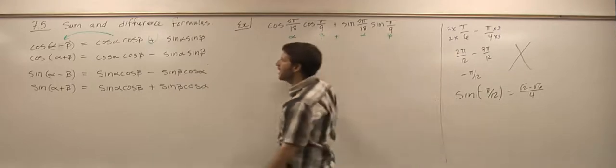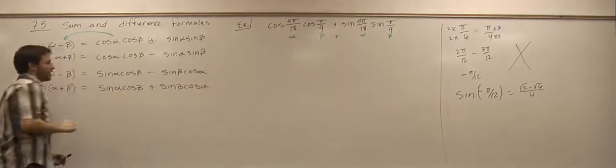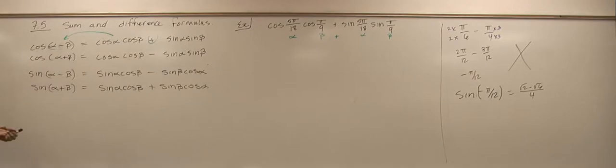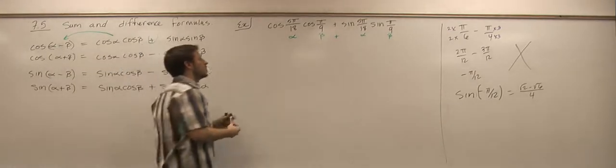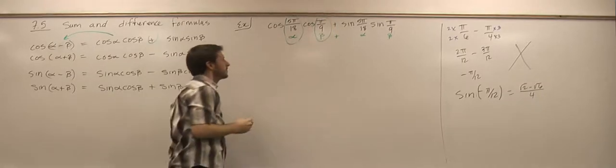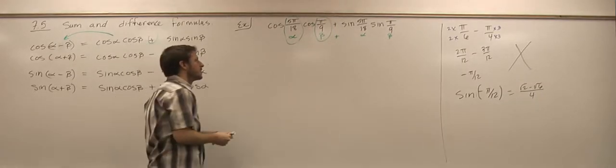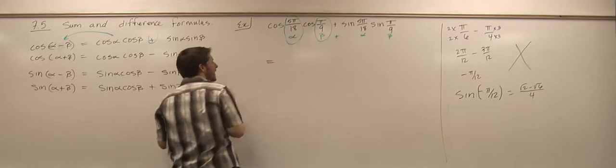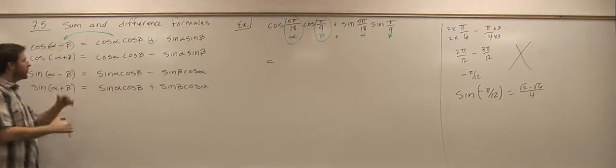So this is going to match the formula on the right perfectly, with alpha equal to 5 pi over 18 and beta equal to pi over 9. So then this should equal altogether, after applying the formula, what?